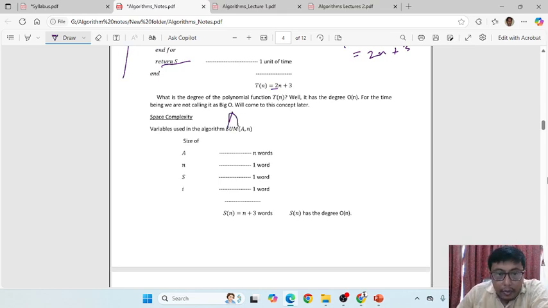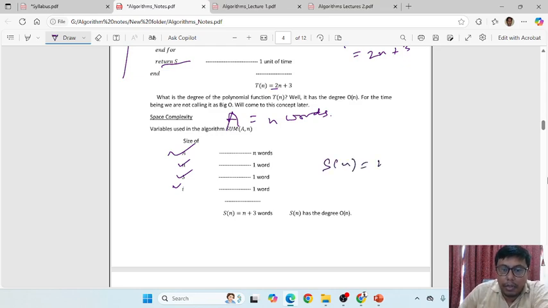I have listed it over here. n will be taking one word. S is a variable which will again take one word, and i, the index variable used in the for loop, takes one word. So if you cumulatively add, S(n) will be equal to n plus 3.